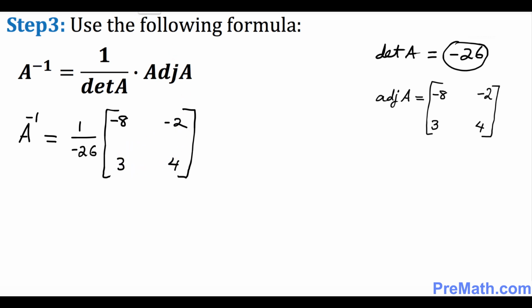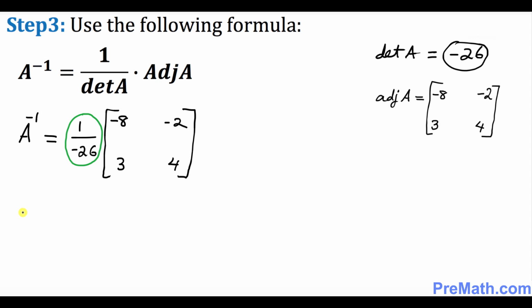Now as you can see, this fraction 1 over -26 is multiplying with this matrix. That means the number 1 over -26 is going to get multiplied with each and every member of this matrix. So let's go ahead and multiply it out.